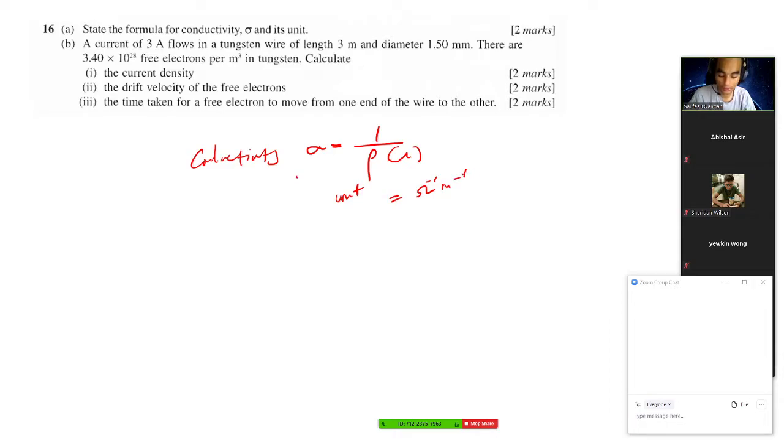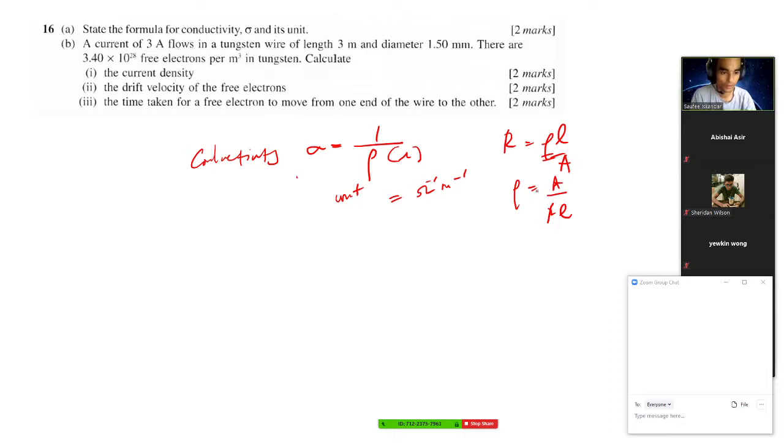Remember, resistance R equals rho L over A, so we want to use this to find rho. Rho equals A over RL.